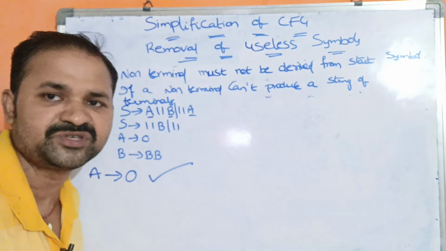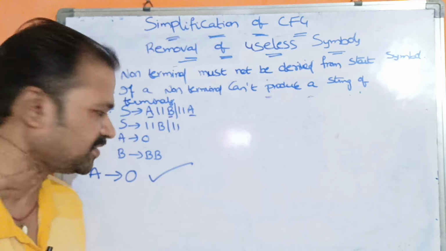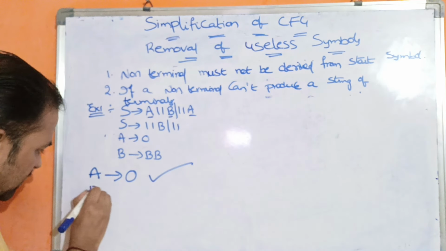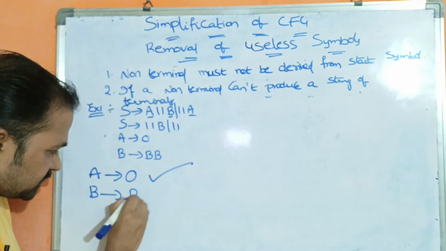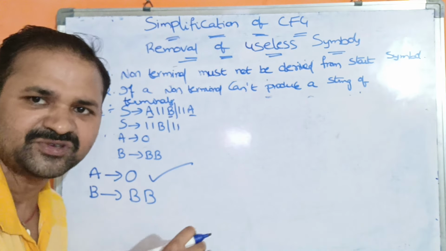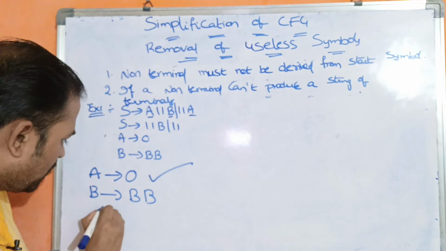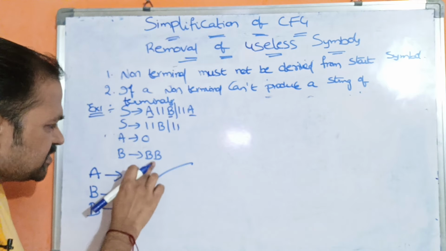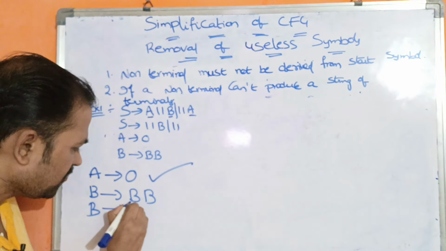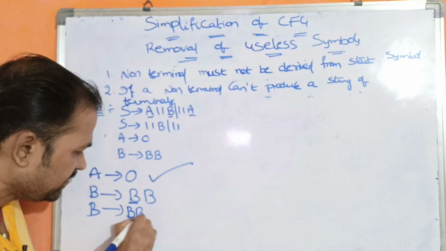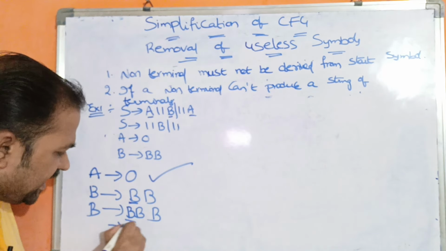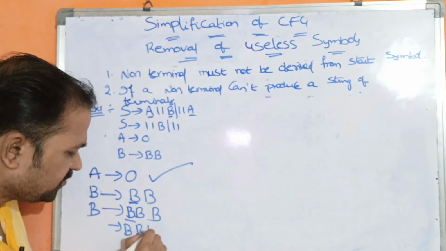If it is a useless production, then we have to remove that one. Next production, B implies BB. Let us check whether it produces terminals or not. So what is B here? B produces only BB. So in place of B, we can substitute BB. Next again, in place of B, we can substitute BB.